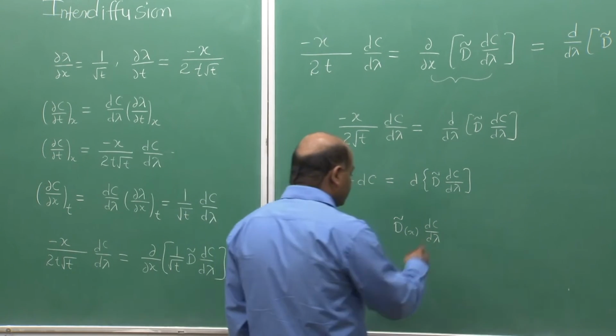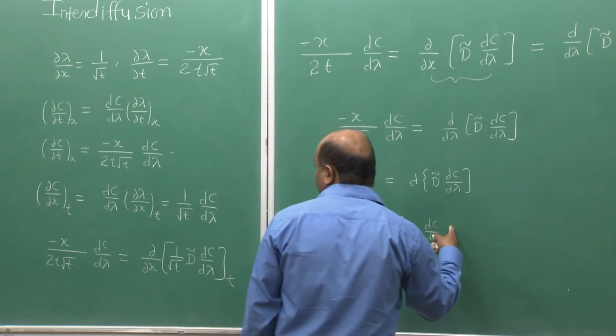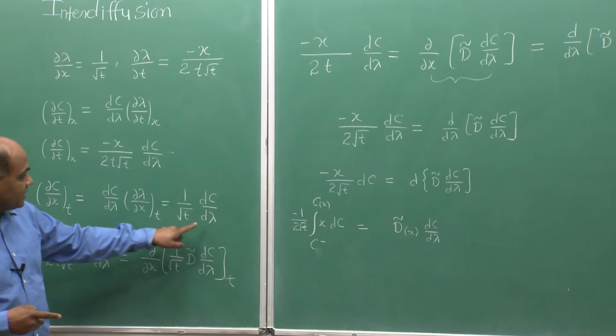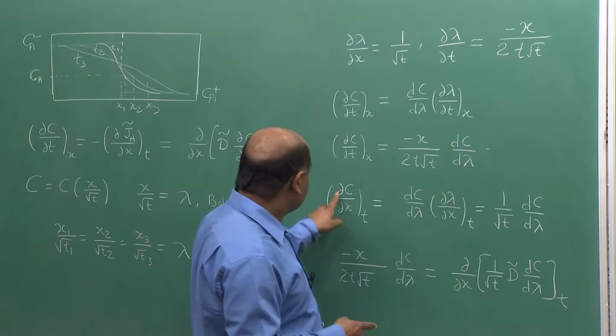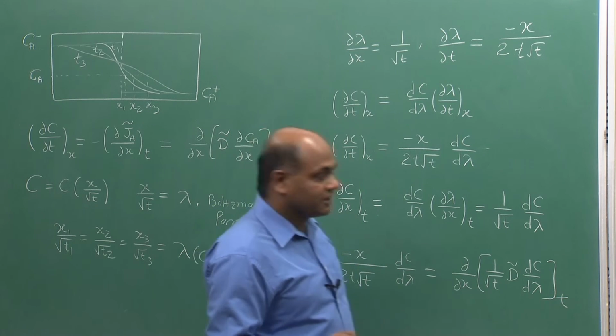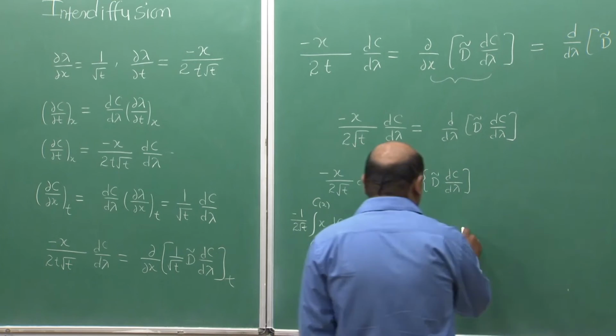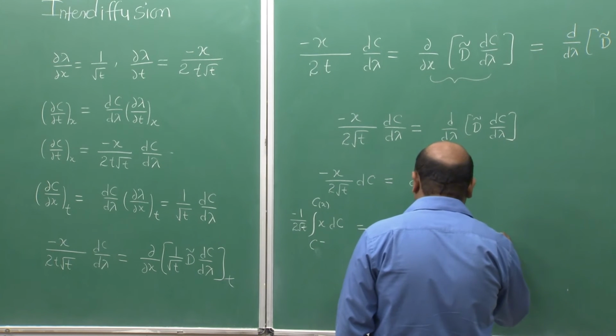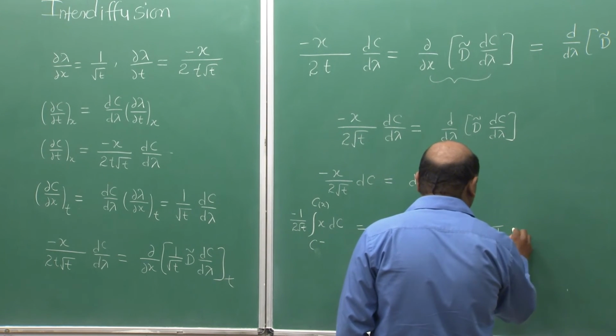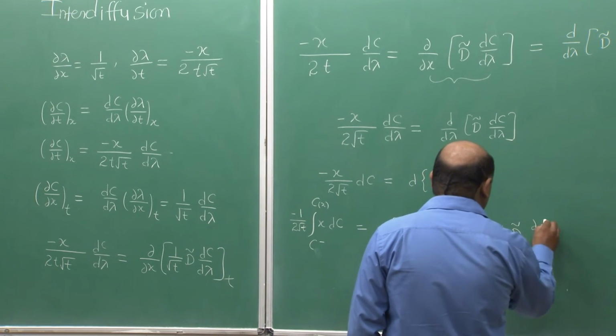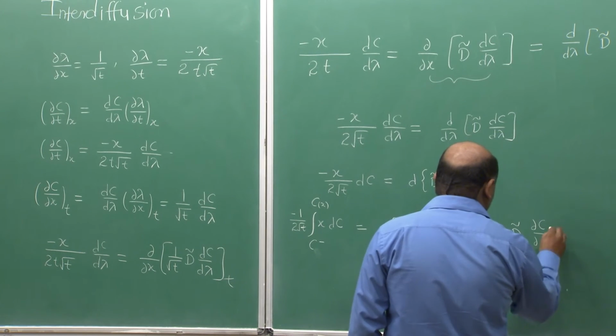Now, we can substitute for dc/dλ. From here dc/dλ is nothing but root t times ∂c/∂x at constant t. So, this should be equal to root t times D tilde times ∂c/∂x at given t.